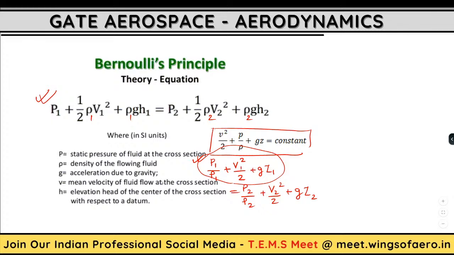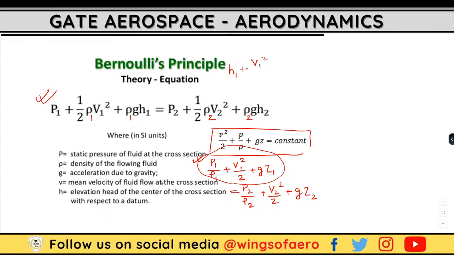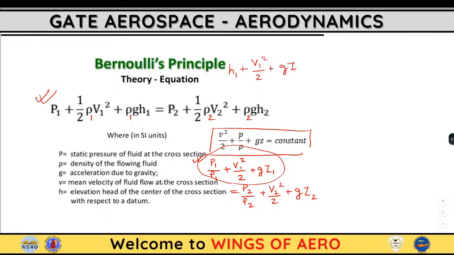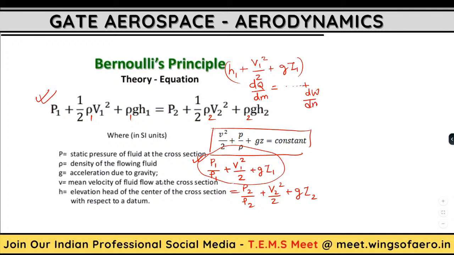You remember the steady flow energy equation, right? You had h1 plus V1 square by 2 plus Z1 plus heat transfer equals the second half, which will also be the same, plus work per dm. How do you differentiate?